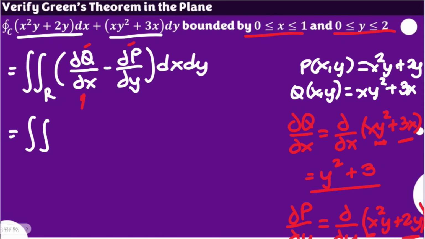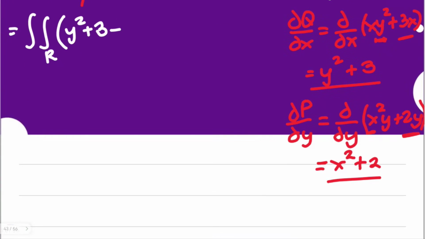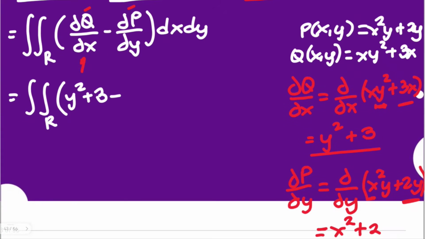Double integral on our region. As of the moment, let's call it region R. So you will have for your partial derivative of q with respect to x, y squared plus 3. Then minus the partial derivative of your p with respect to y. Again, it has a parenthesis because it's a grouping symbol, dx and dy.